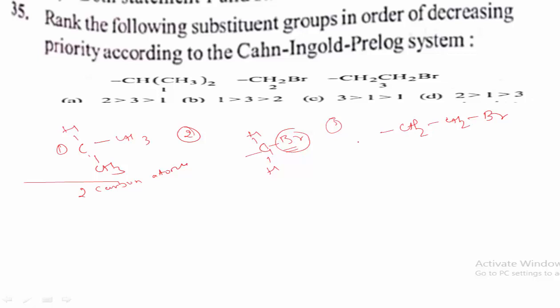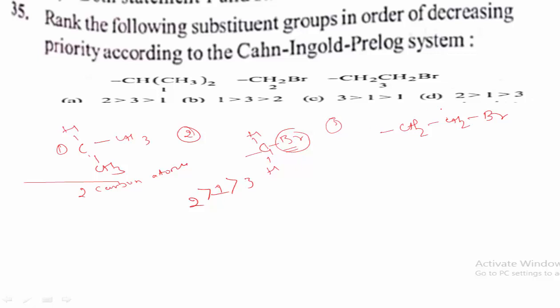Is it right? Yes. Therefore, in presence of Cahn-Ingold-Prelog system, according to this rule, on the basis of atomic number and atomic mass, the priority is written. Therefore, the correct answer for this question is second one is greater than first one and greater than third one.